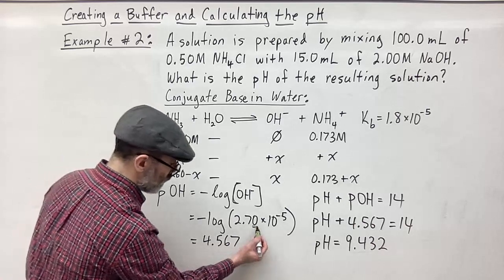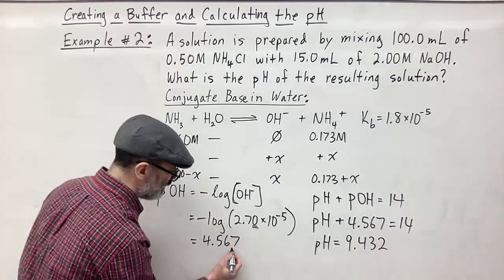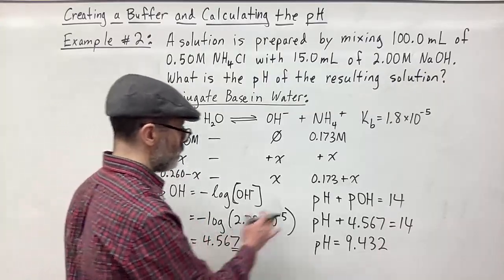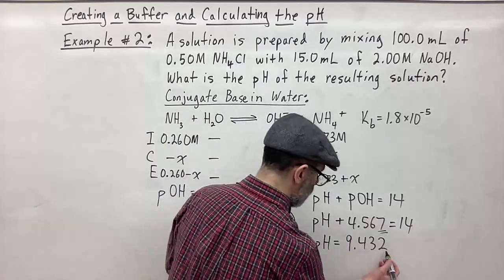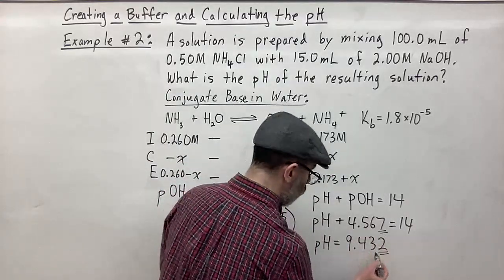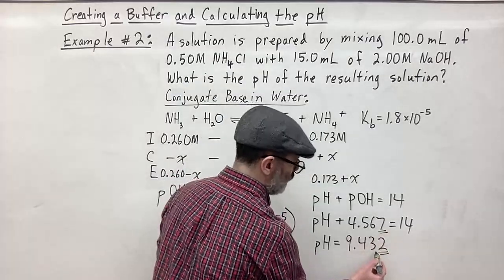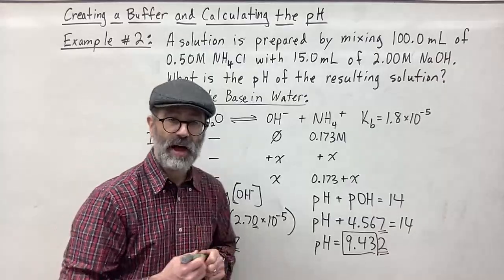Since this is an extra digit that I kept to avoid rounding mistakes, this also is an extra digit to avoid rounding mistakes. So I subtract that from here, and I ended up getting that. If this number is different from the number I got before, that's just the extra digit. If I keep that, we get the exact same pH value.